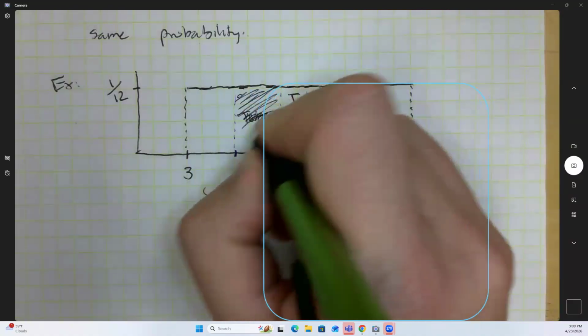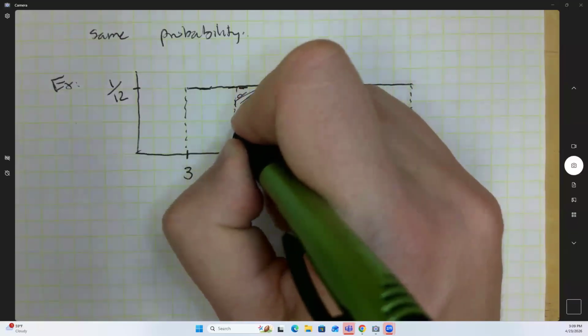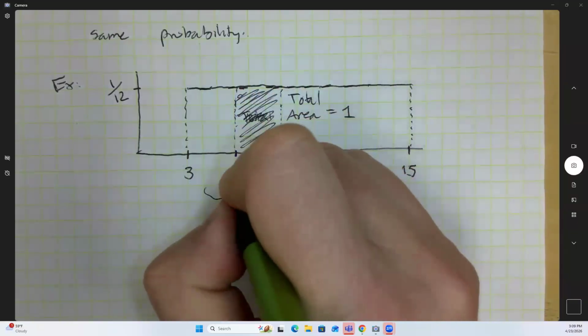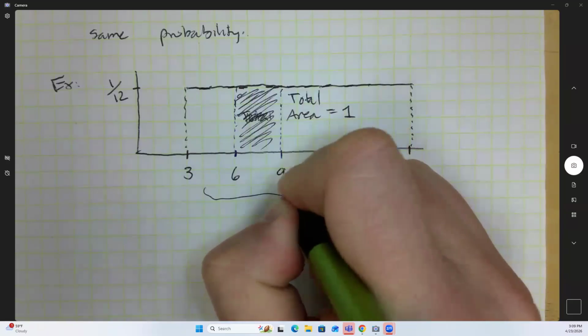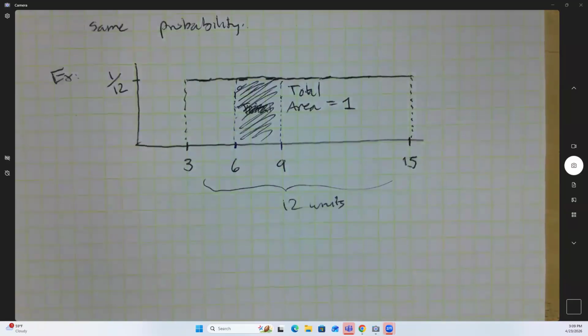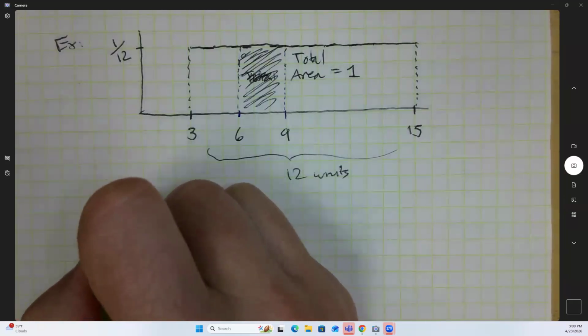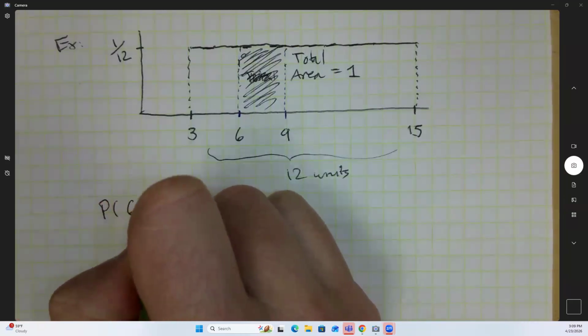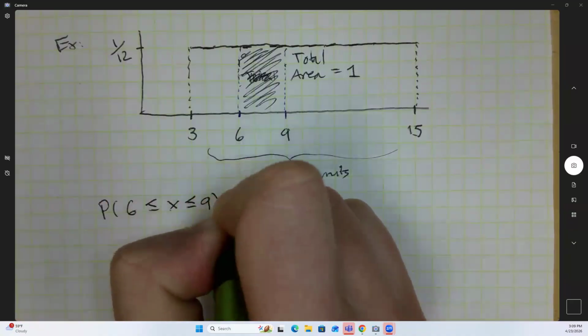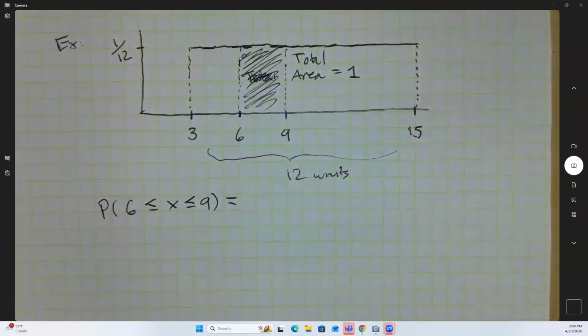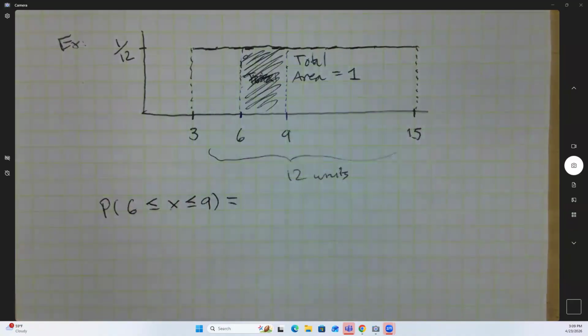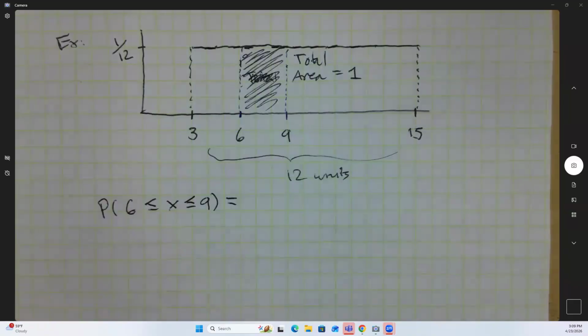Let's look at this area. That's the area between 6 and 9. The probability that x is between 6 and 9, well, since it's a rectangle, it's a pretty easy calculation.